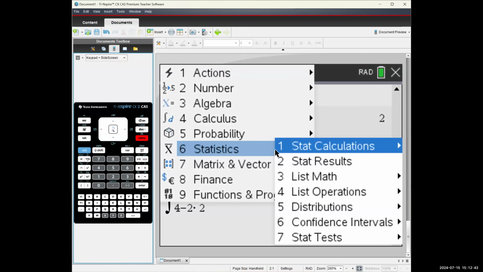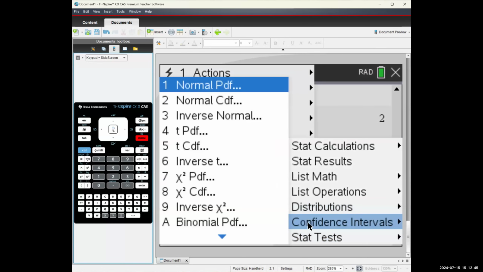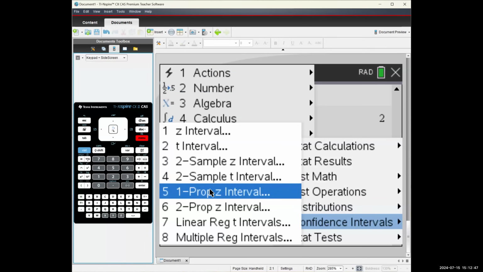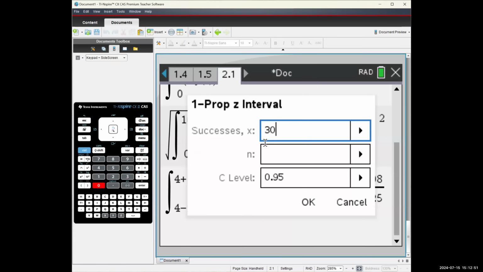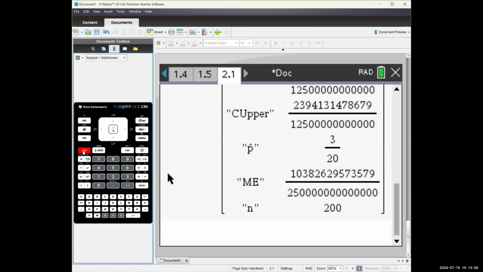So statistics, menu 6 6 5, 1 prop z interval, success 30 for defective number. Totally we have 200. Confidence level is 0.9. Press OK. And we want decimal values, so we press Control Enter.